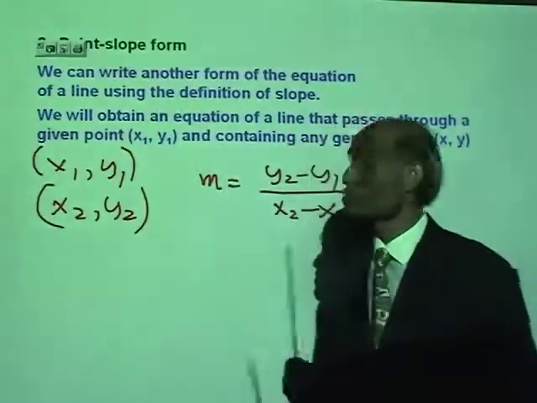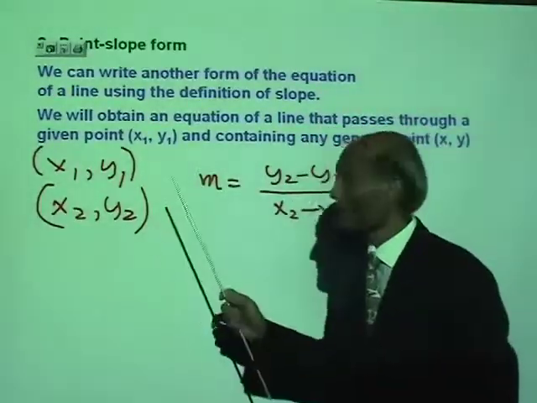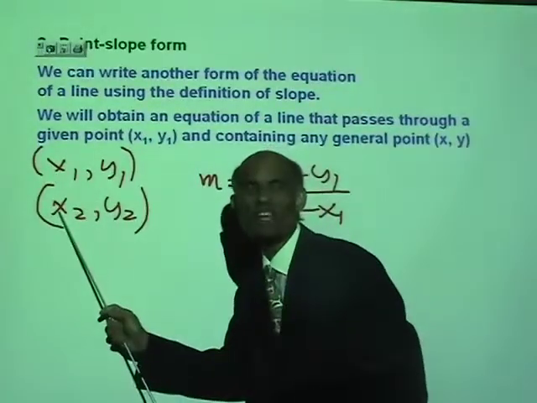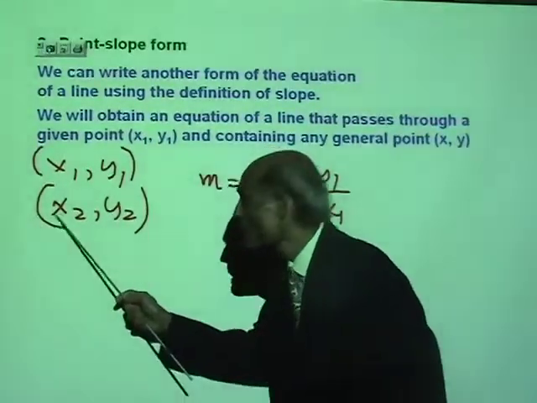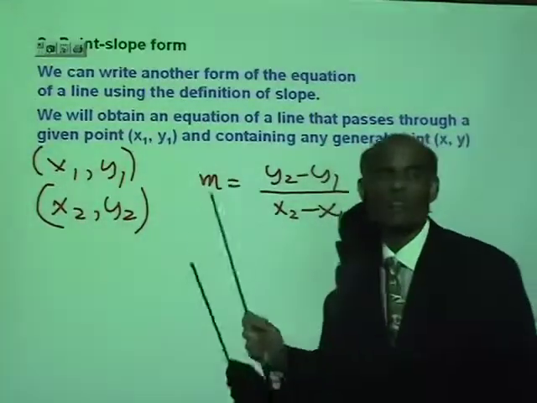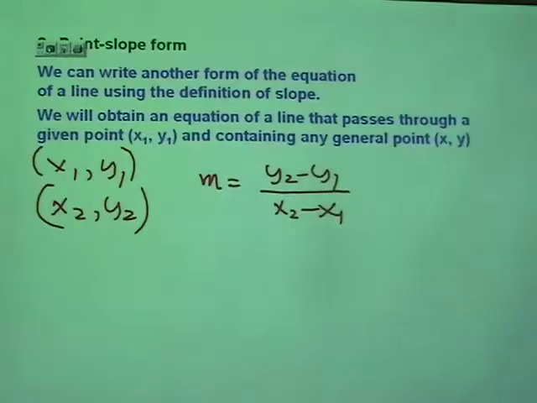Now, watch, I'm going to make a small change. Instead of calling this point (x2, y2), I'm going to replace this point by any general point (x, y). So, rather than taking this point (x2, y2), I'm going to have any general point (x, y).